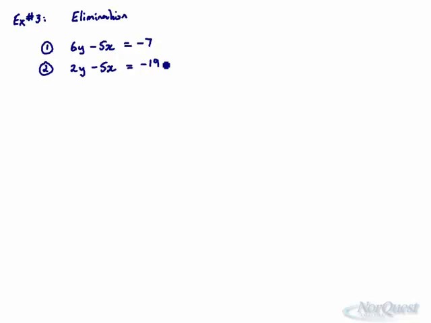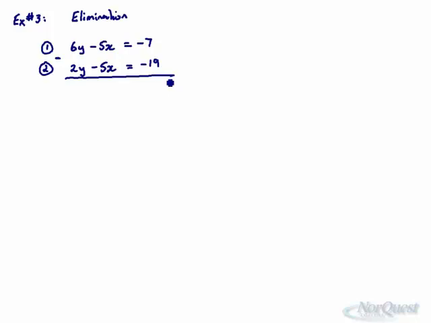But since the coefficient of x is the same in both equations, I should be able to either add or subtract to make it 0. Well, if they have the same sign, then what you're going to do is you're going to subtract the equations. If they have opposite signs, you would add the equations. What your goal is to do an operation to eliminate a variable.